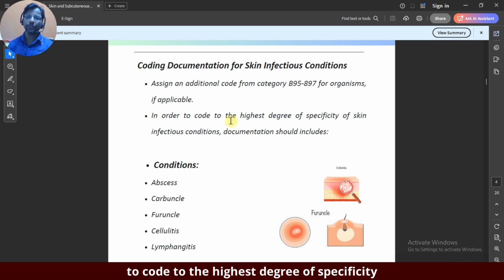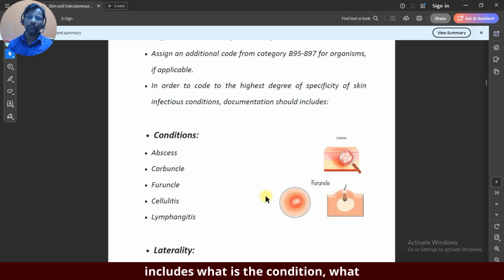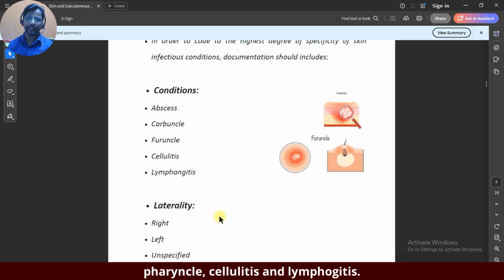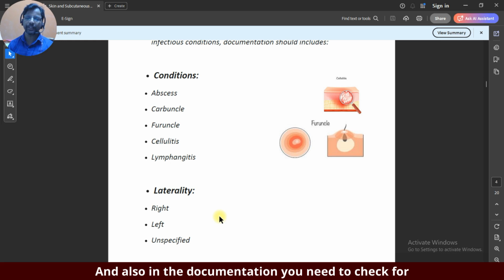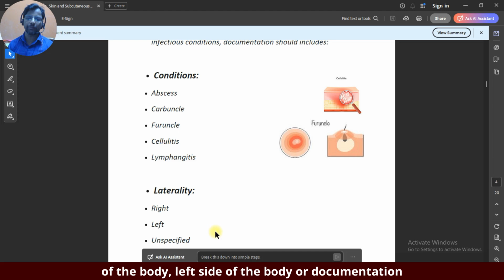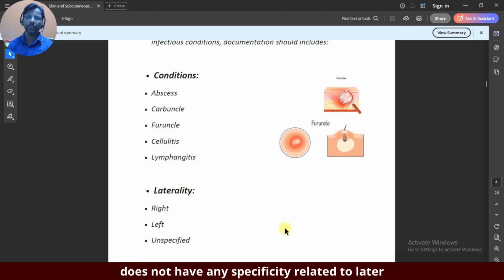Also, in order to code to the highest degree of specificity of a skin infectious condition, documentation should include what the exact condition is, whether it is abscess, carbuncle, furuncle, cellulitis or lymphangitis. And in the documentation you need to check for laterality, whether it is the right side of the body, the left side, or the documentation does not have any specificity related to laterality.